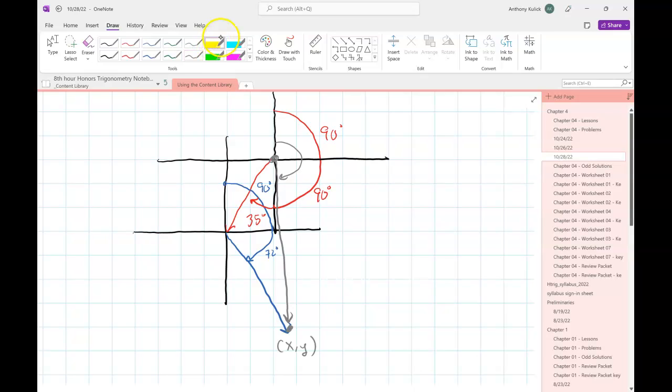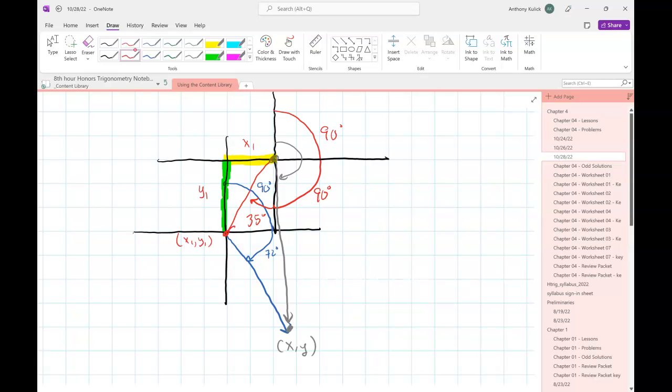So how am I going to do that? Well, I'm going to go this far over and this far down to get to this point x1, y1.